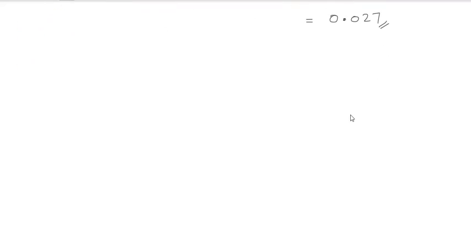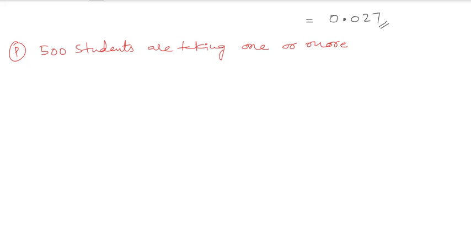Then similarly, one more question, which is also the easiest one. 500 students are taking one or more courses out of chemistry, physics and mathematics.